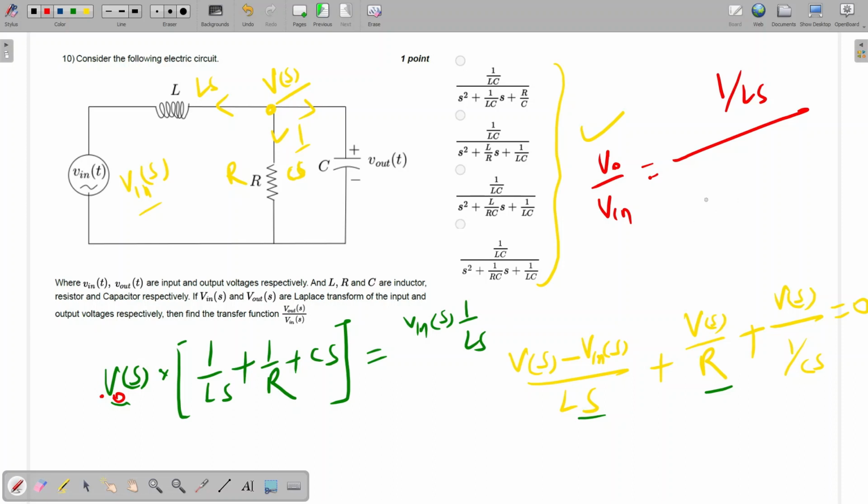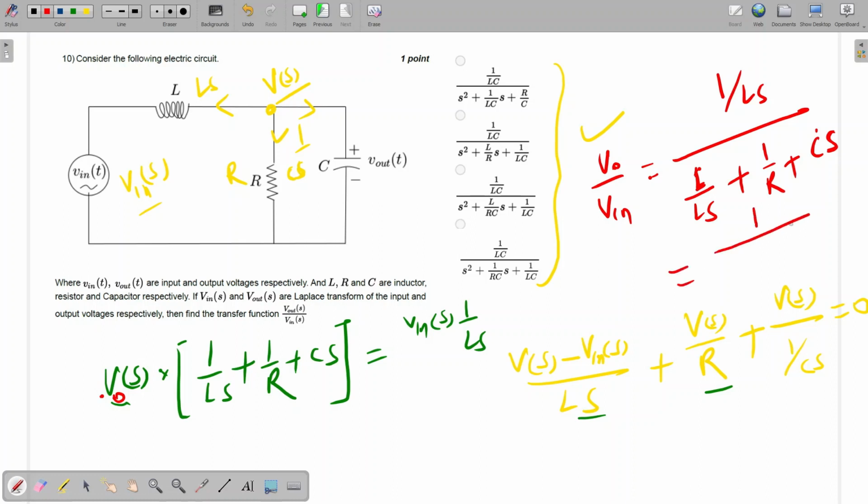1 by Ls plus 1 by R plus Cs. If we multiply by Ls, what will happen?